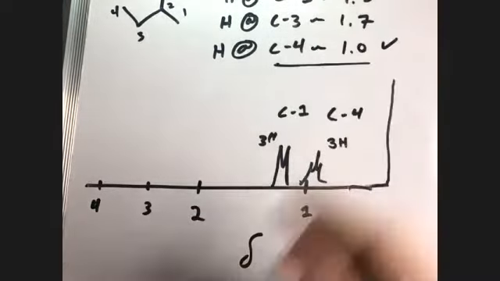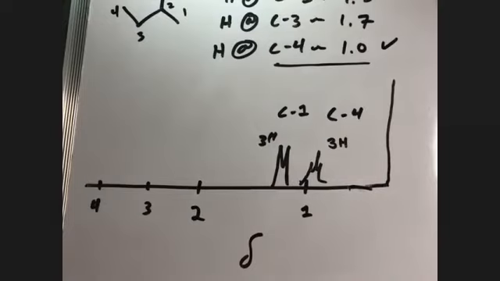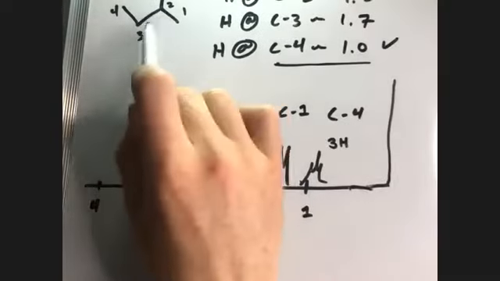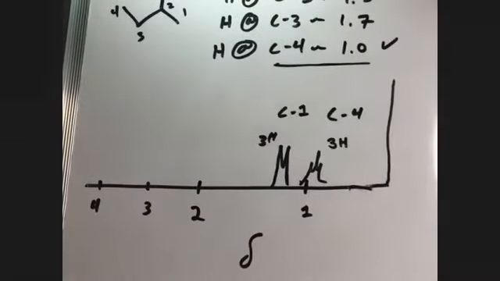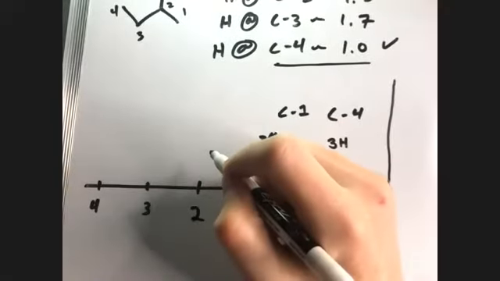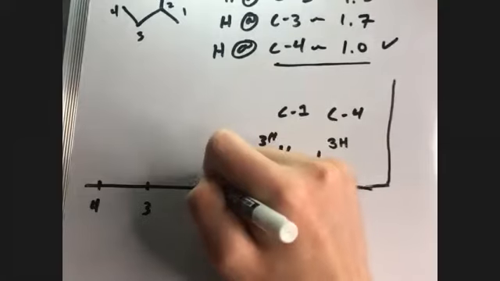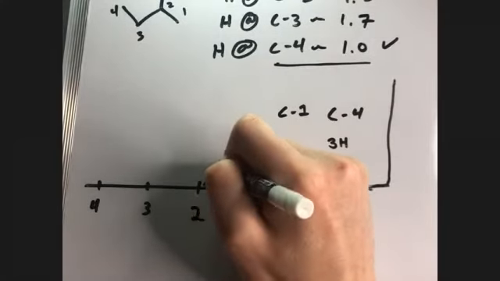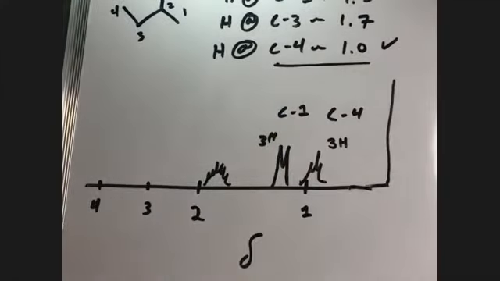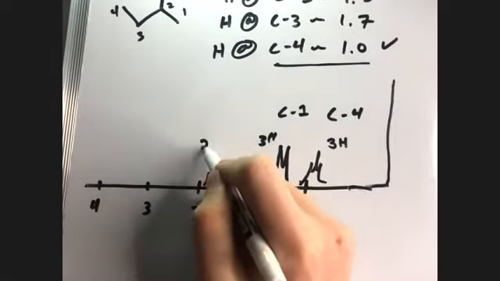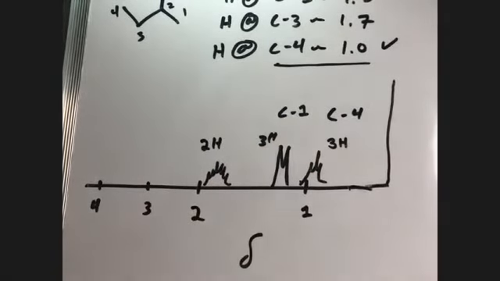All right, so now carbon 3 is at 1.7 because this is the CH2 group close to the chlorine. So this is a quintet. I'm just going to draw it like a multiplet. It would look like a mess like that. And this one should be a little bit smaller than the other two because it only integrates to 2 hydrogens.